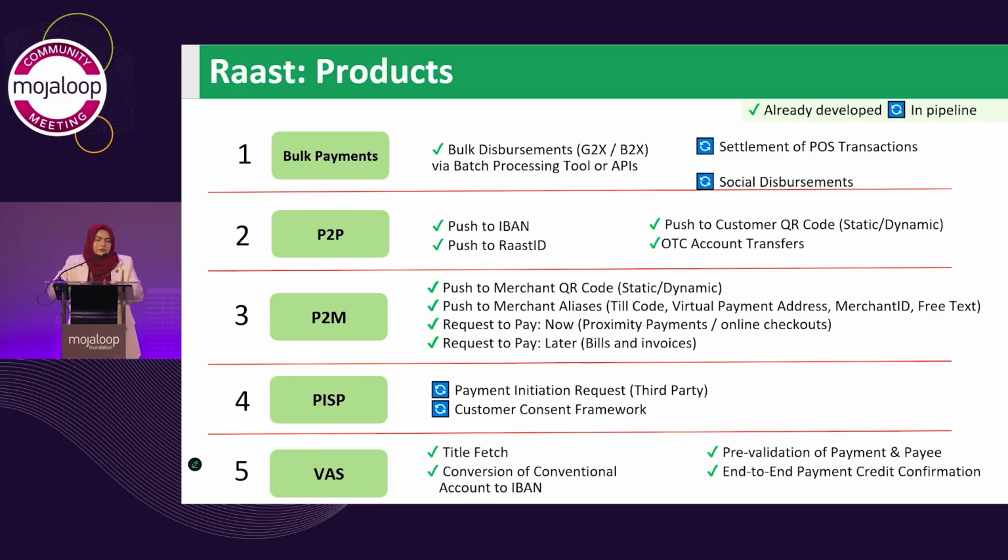Then in P2P, there's another interesting aspect. In the previous sessions yesterday and the day before, we were discussing shared infrastructure. So we do have a central directory, we do register all of the RAAST IDs, which is basically an alias. So if you want to pay me, you don't need to know my account number. You may have my contact number saved in your phone, so you can just do the transaction on my mobile phone number.